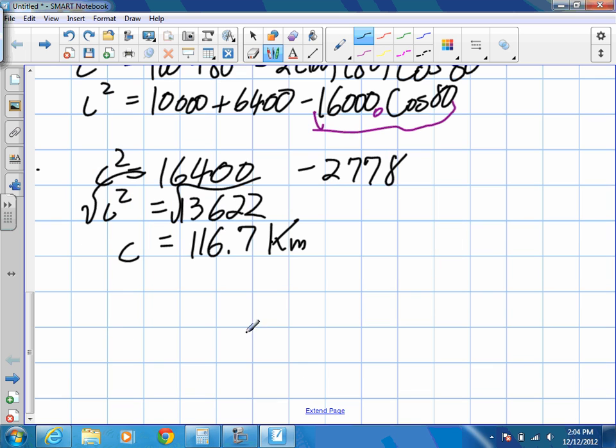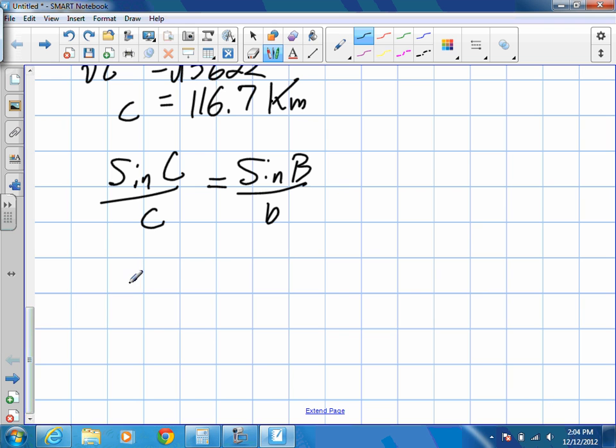Sine C over C is equal to sine B over B, because those are the only parts of the information I actually need right now. Angle C we already knew was 80. Side C we just figured out to be 116.7. Sine B is our unknown. And side B is 80 kilometers.